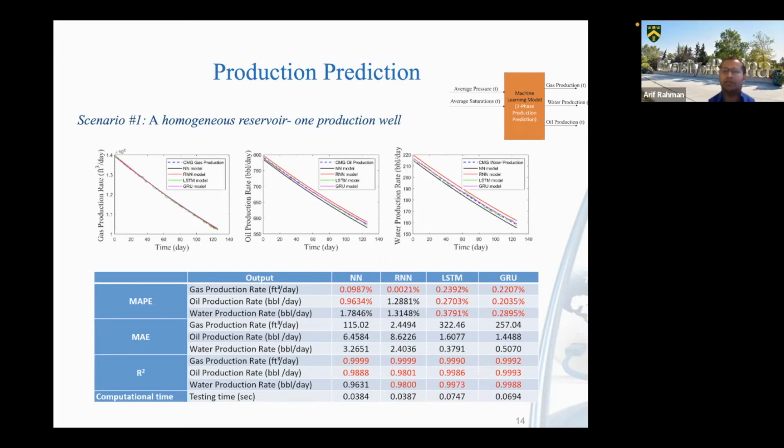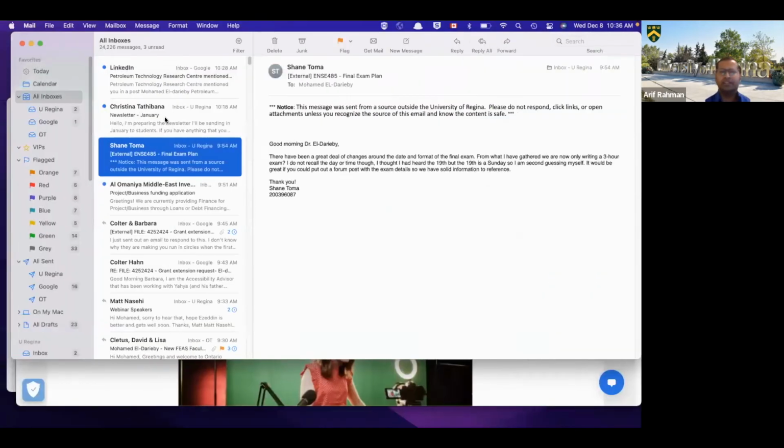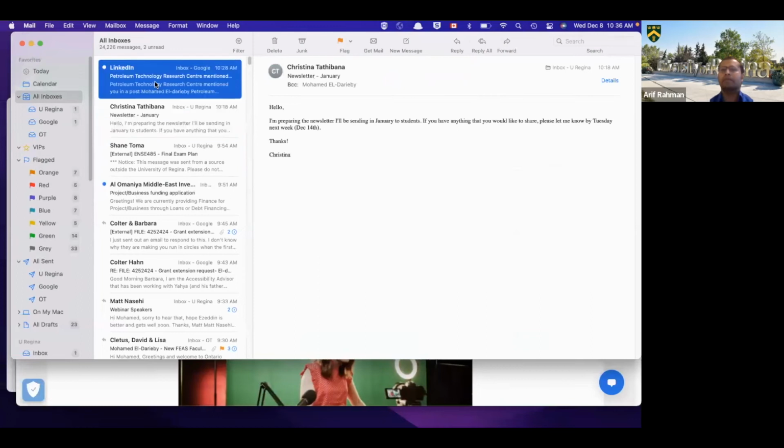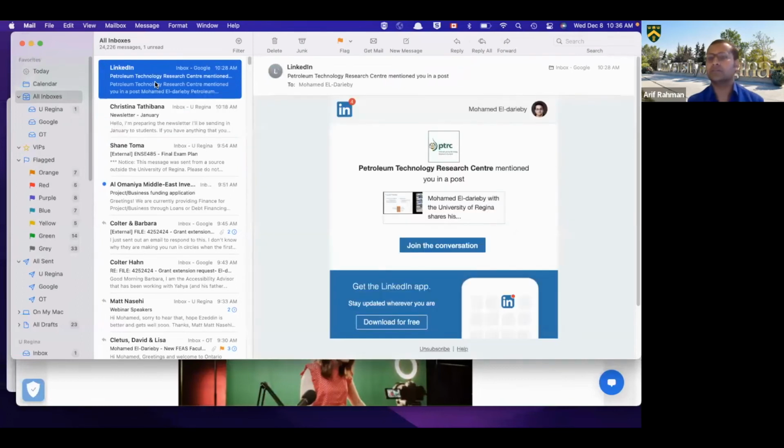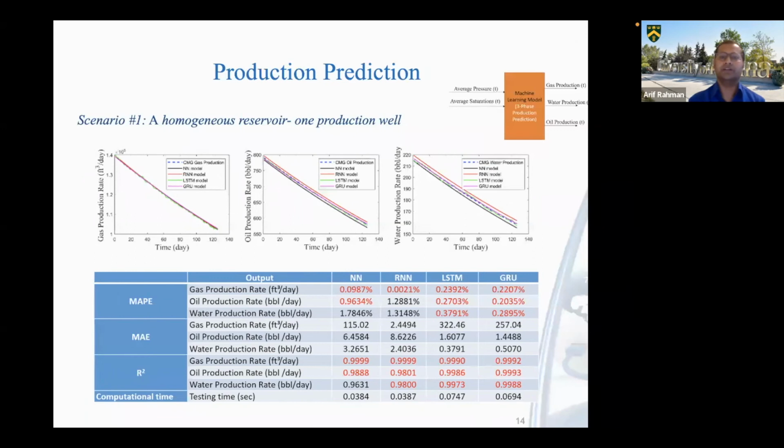Now, here, in order to predict the future, George, can you? Yeah. Okay. In order to predict the future, it is very important to predict the future behavior. That means how the reservoir will act in future. We need to know the behavior of the reservoir. That's why we develop our proxy model to investigate the important features of the reservoir and how the reservoir behaves in the future.